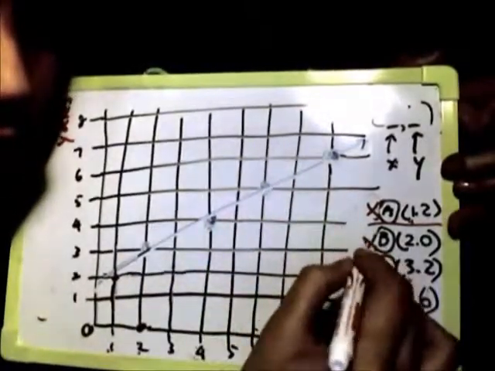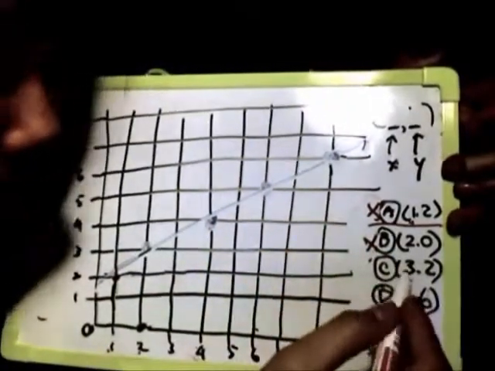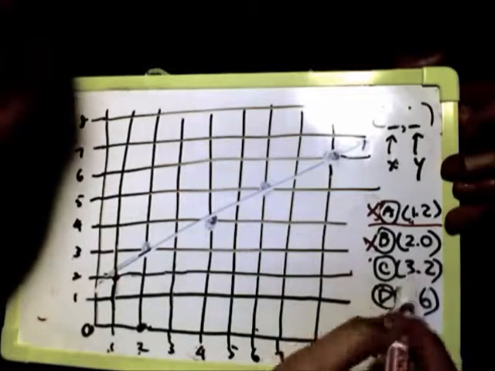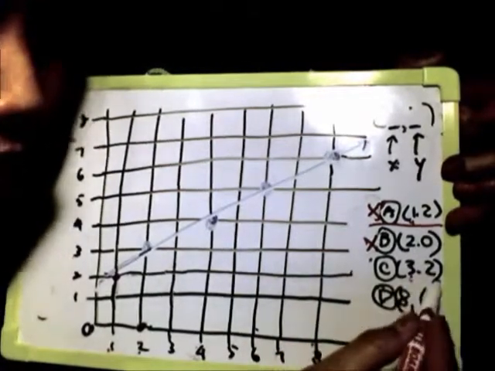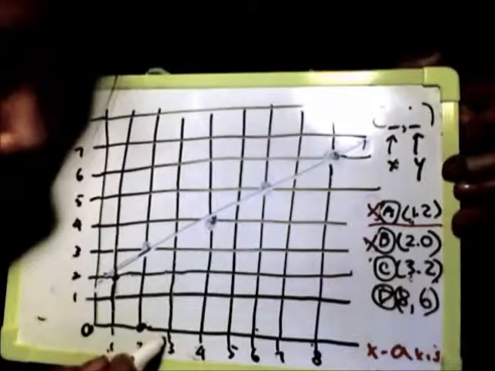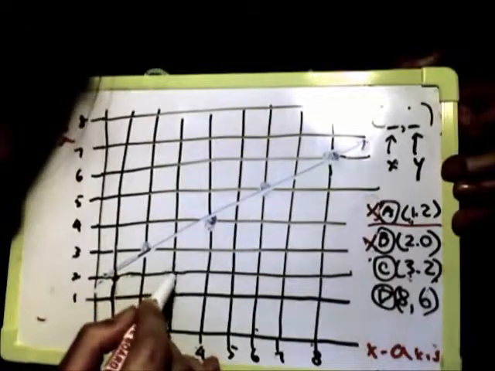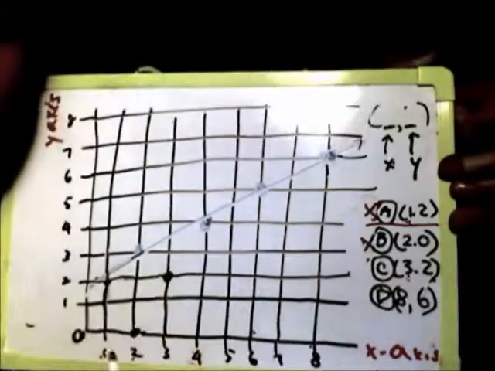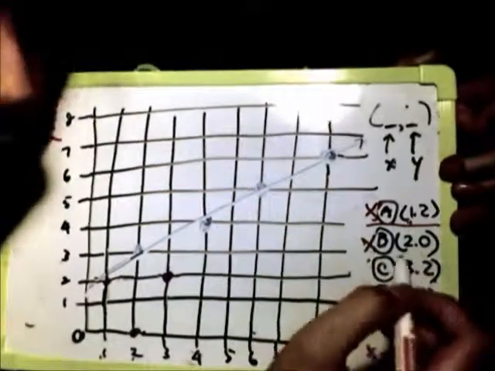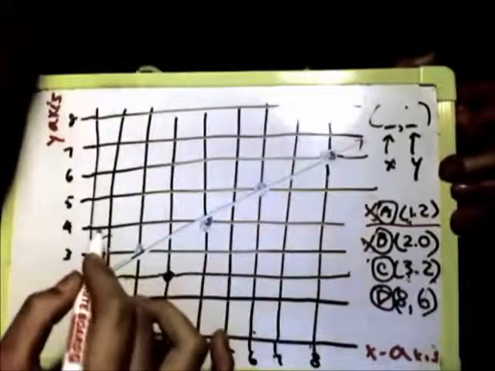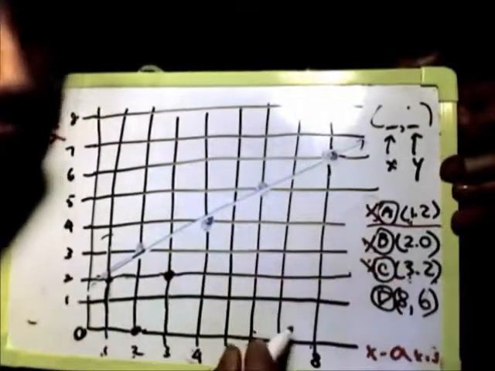Nope, not right. So you look at C, 3, 2. Find 3, then you go up until you hit 2 and you stop. No, this isn't really on this line, so nope.